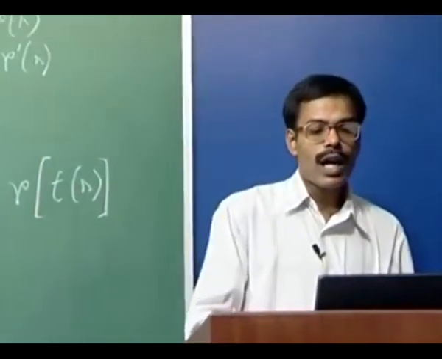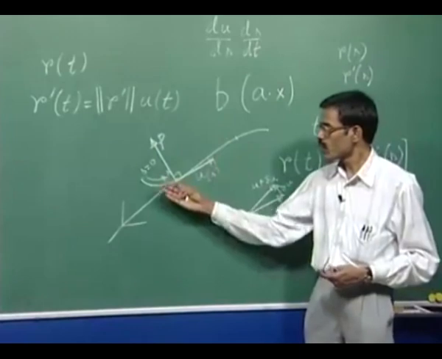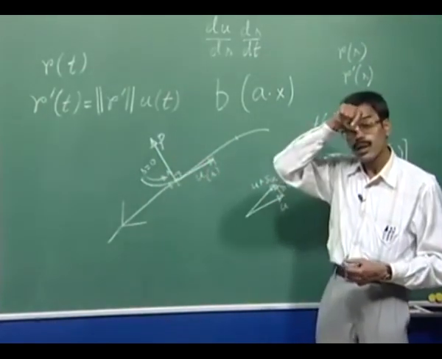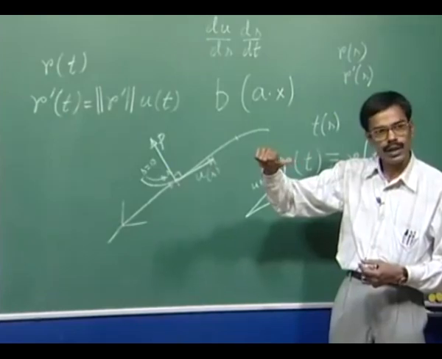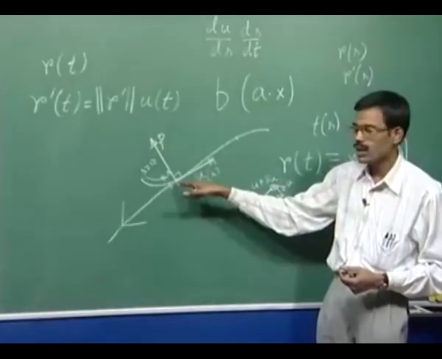So, how will you describe it? You find that the osculating plane is the plane formed by u and p, and the direction of the plane is given by the direction of its normal, which is the binormal b in this case, right.